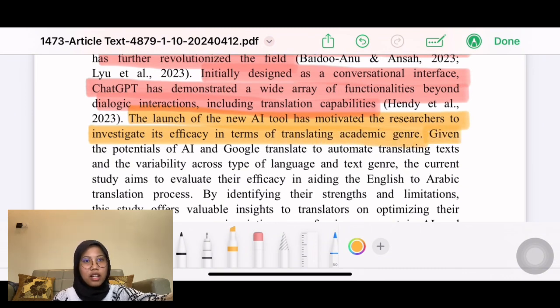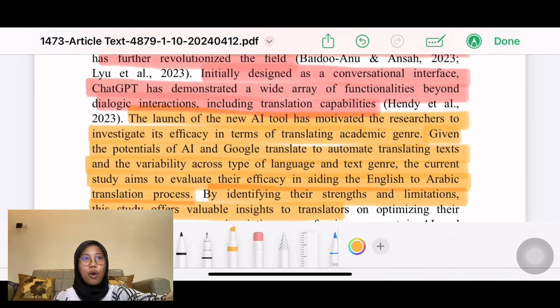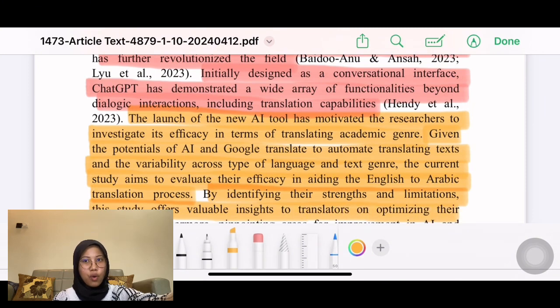Given the potentials of AI and Google Translate to automate translating text and the variability across types of language and text genre, the current study aims to evaluate their efficiency in aiding the English to Arabic translation process. By identifying their strengths and limitations, the study offers valuable insight to translators on optimizing their workflow."